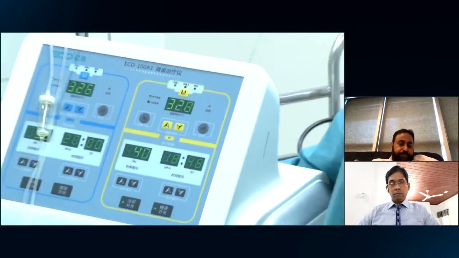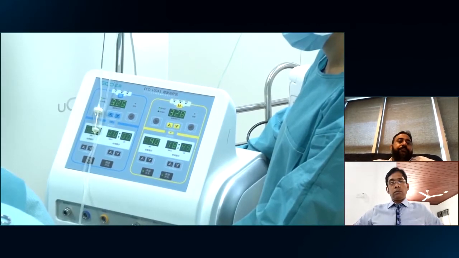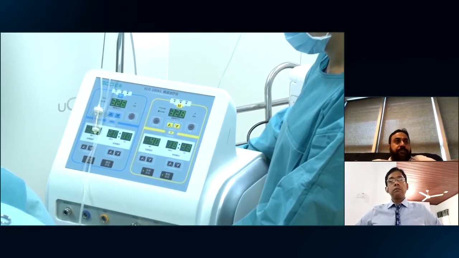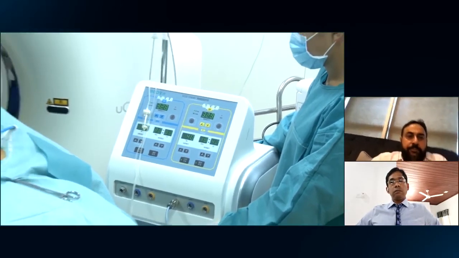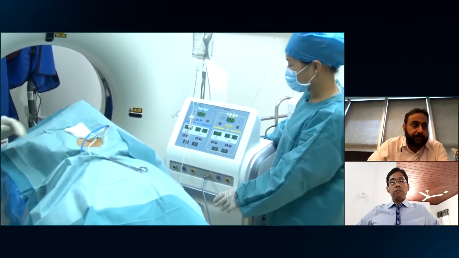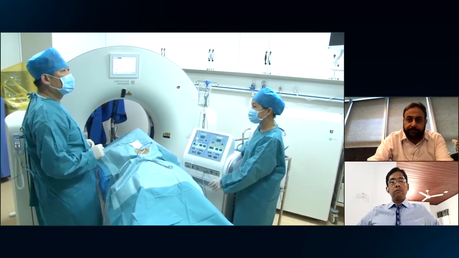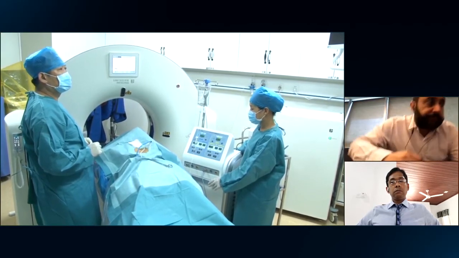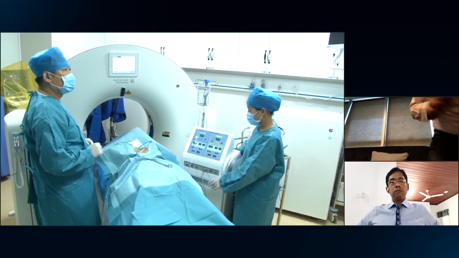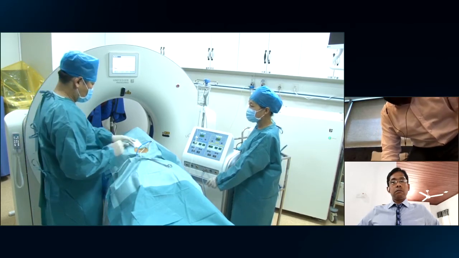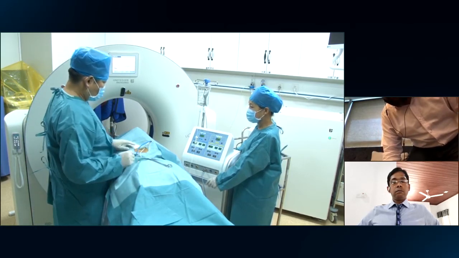Yep. Before biopsy, Dr. Ye performed the 1 minute microwave ablation. You can see that the bleeding is significantly decreased. It's much less bleeding.